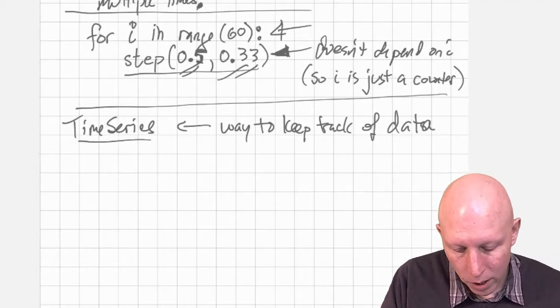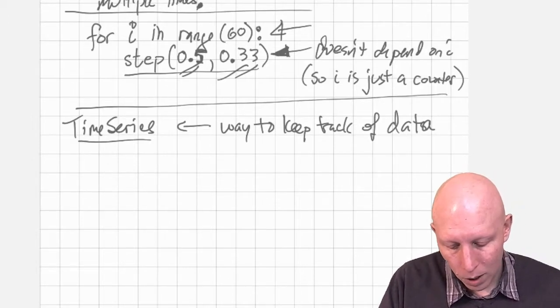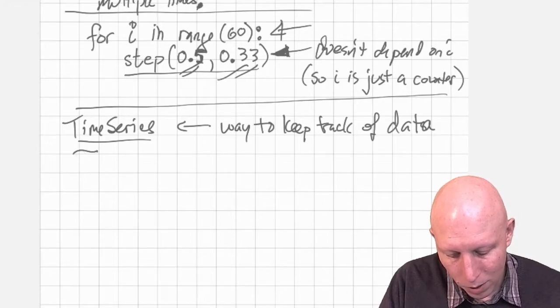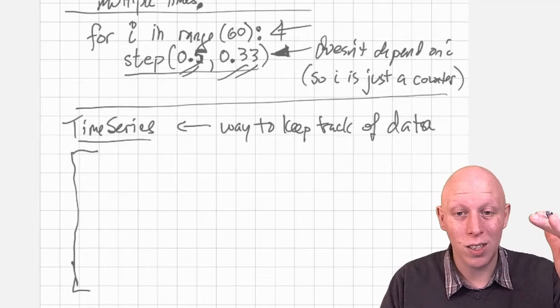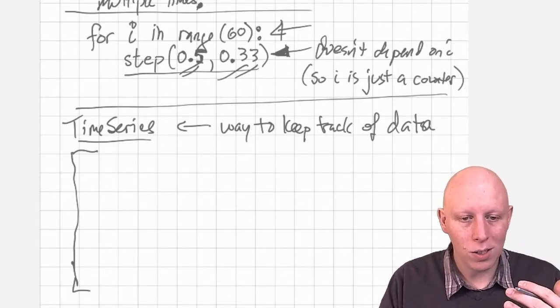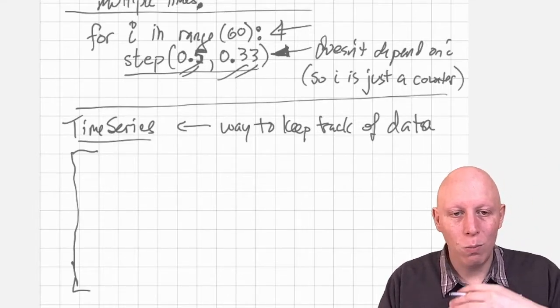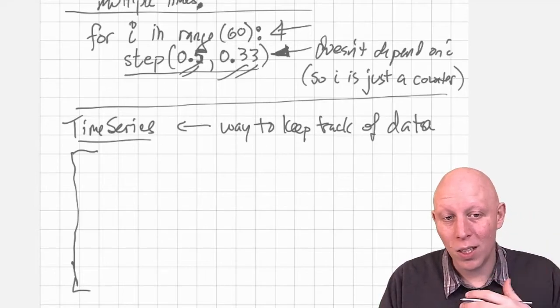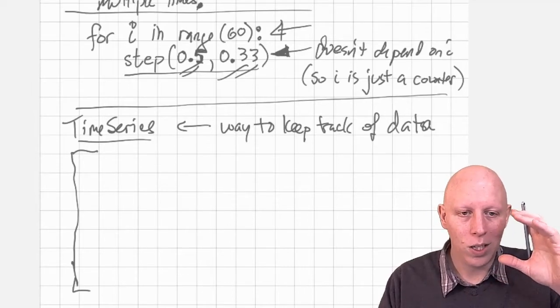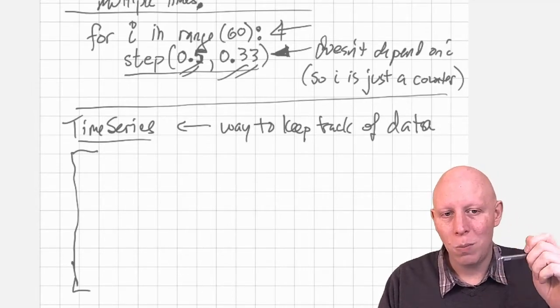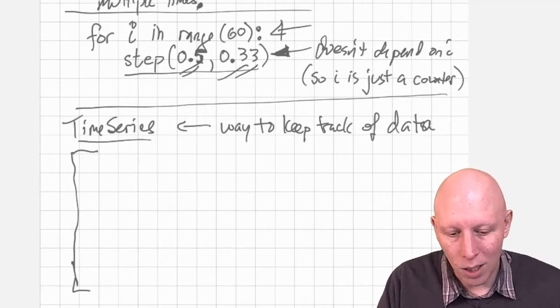Okay, so here's how we're going to set this up. One of the questions somebody had in class is, can we put a whole bunch of code in the same block? And this is what we're going to start to do. As we build our code and our simulation, we're going to want more and more things in the same block of code because we want them to happen one after the other.